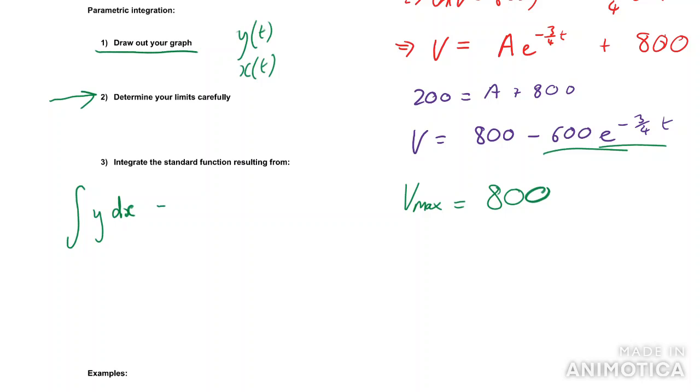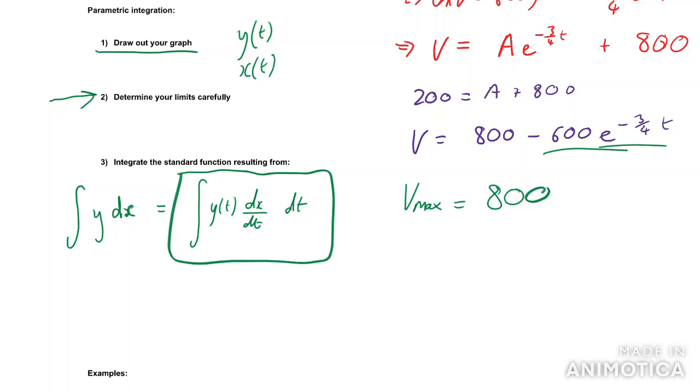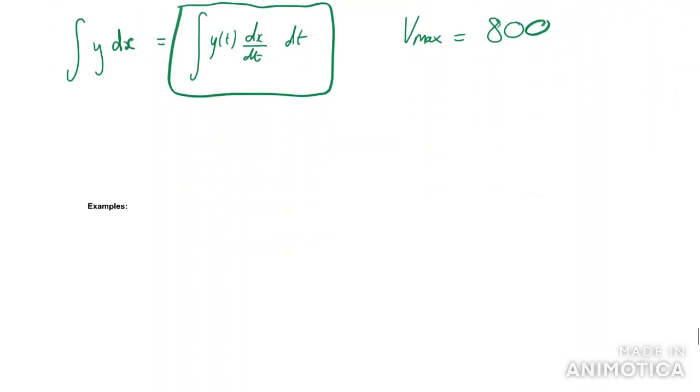Well, that is just going to be the same as the integral of y as a function of t. And if y is a function of t, we need to be integrating across t, not across x. So we're just going to apply the chain rule here to say that dx is the same as dx/dt dt. And so this is what you want to actually integrate. In other words, you sub in your value of y, you differentiate your value of x, and sub that in, and then you just integrate. So let's see some examples.